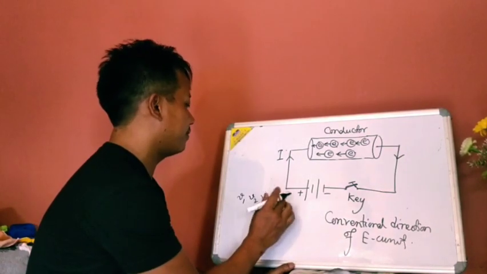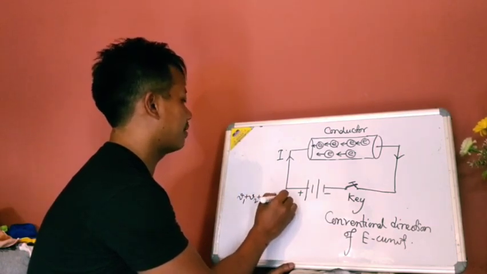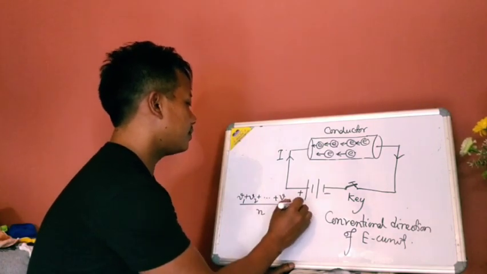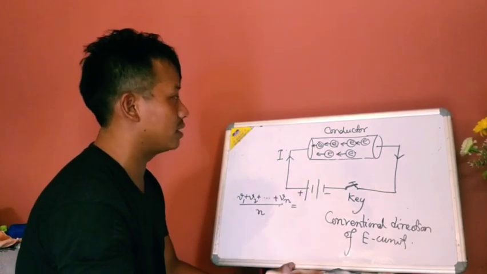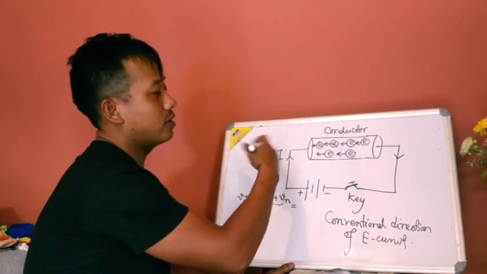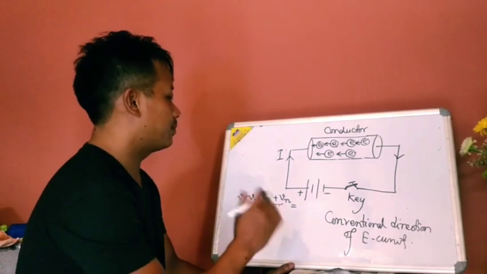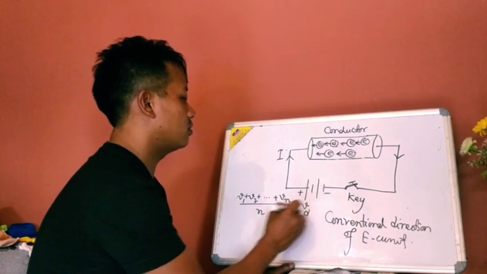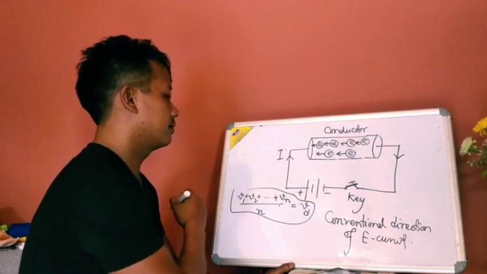When you add all the velocities after the electric field is applied and divide by n, this will not be 0, because there are no opposite velocities here. The electrons are moving in a fixed direction. This average velocity is termed the drift velocity. In your next classes you will learn about this drift velocity.